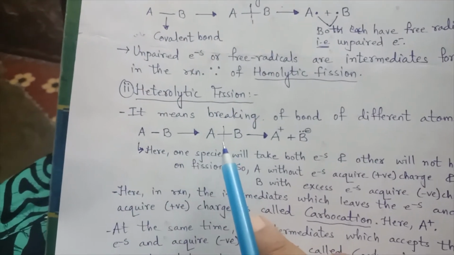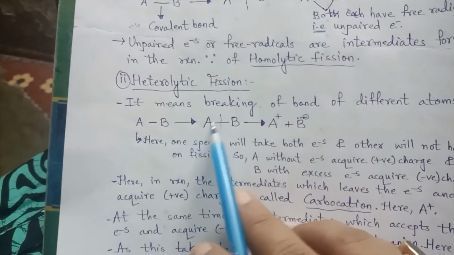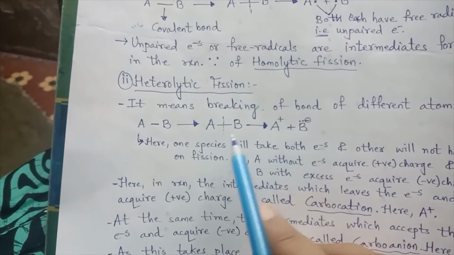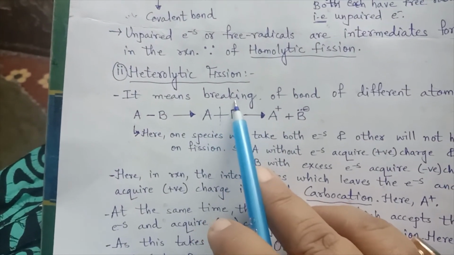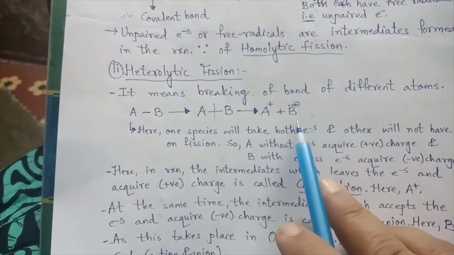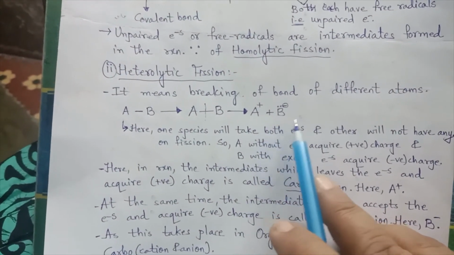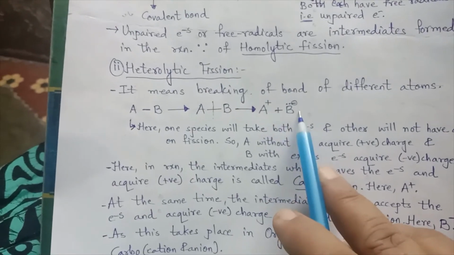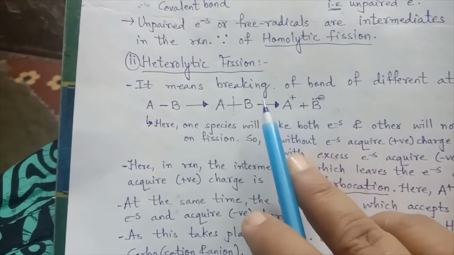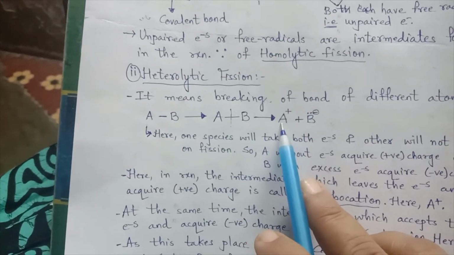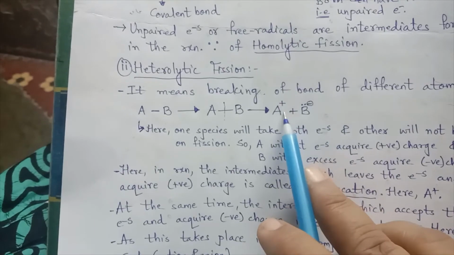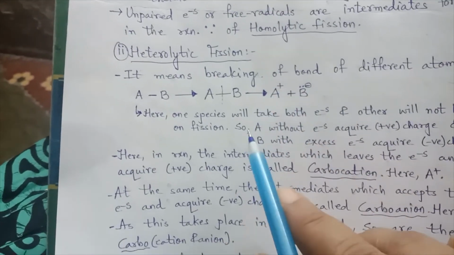But in heterolytic, when the two atoms are different and the bond breaks, one atom completely accepts the electron pair. That means one of the atoms will completely grab the electrons, and on gaining the electrons will acquire a negative charge, and the other partner, which has donated the electrons, will now have a positive charge.